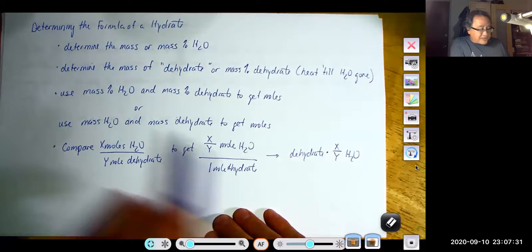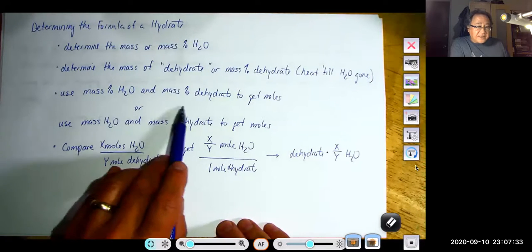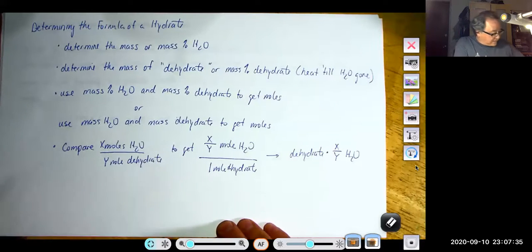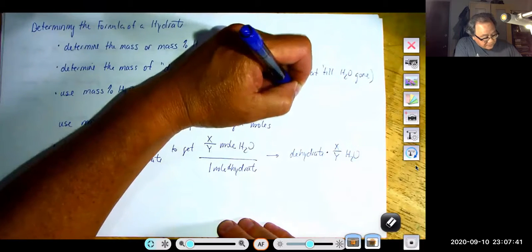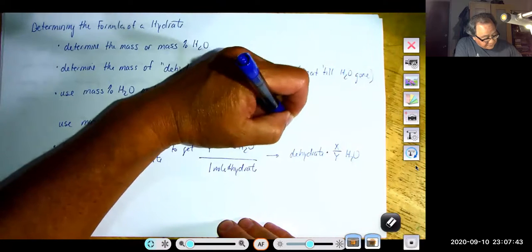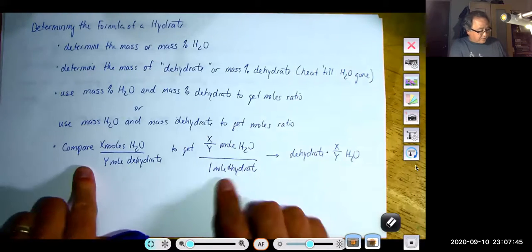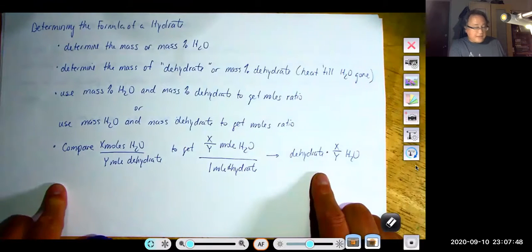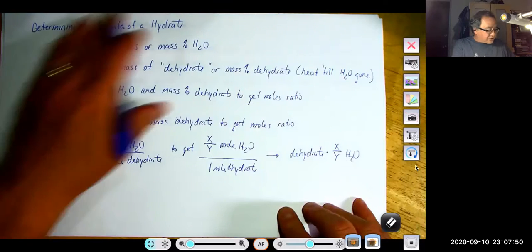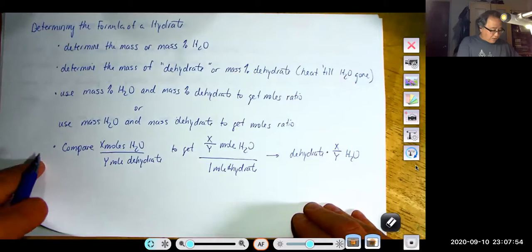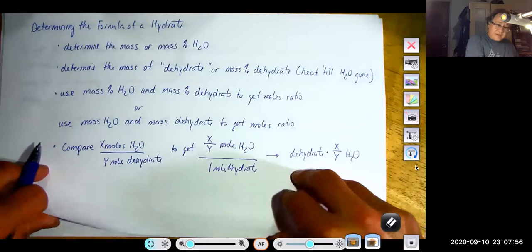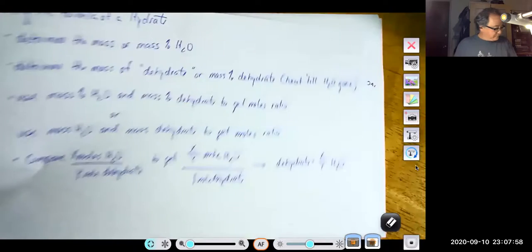Use the mass percent H2O and the mass percent dehydrate to get the moles. Moles, I should say, mole ratio. And then here's how you get the mole ratio. Now, as far as this explanation goes, we'll come back to this. Let's take a look at using this in a problem, okay? Then we'll come back to this.